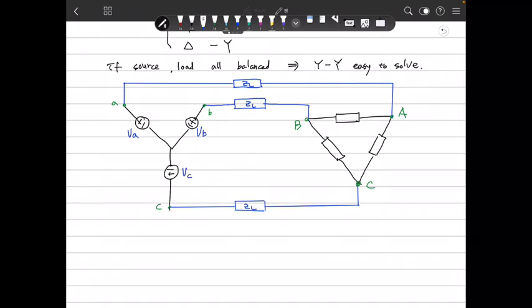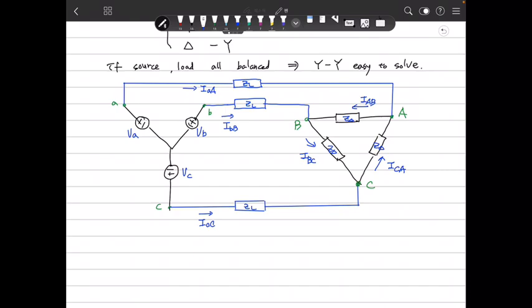And define the currents: this is I small a large A, this current is I small b large B, and this current is I small c large C. Then the current in this direction is IAB, this current is IBC, and this current is ICA. And we define the impedance Z delta as balanced, so it is the same everywhere: Z delta.